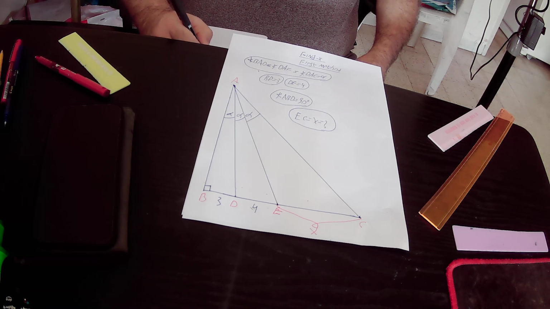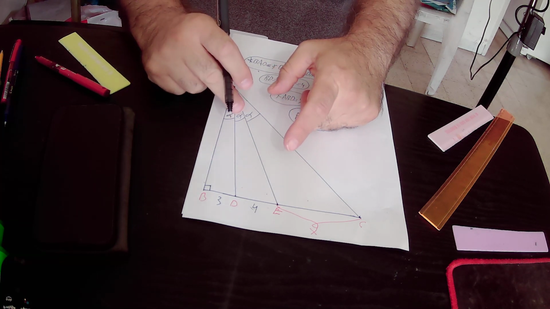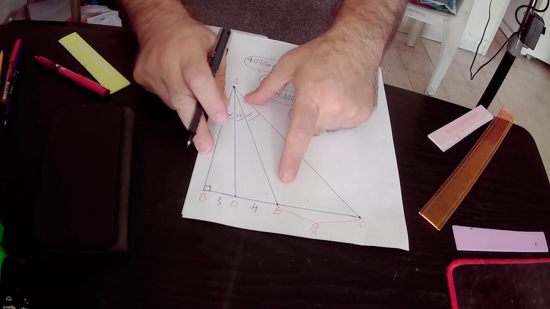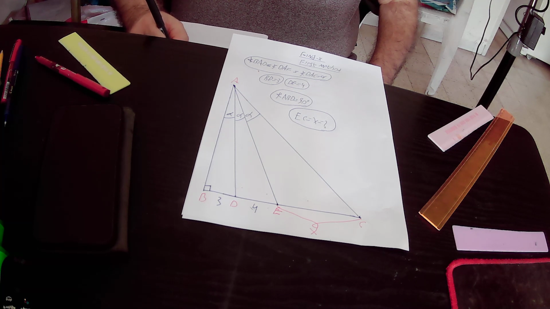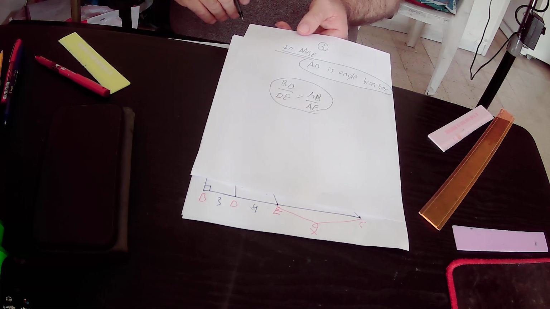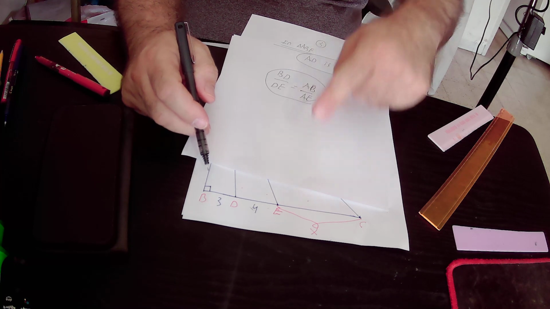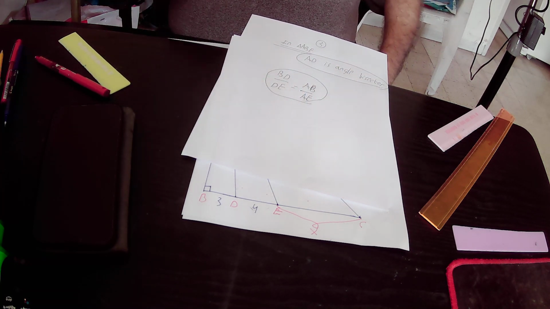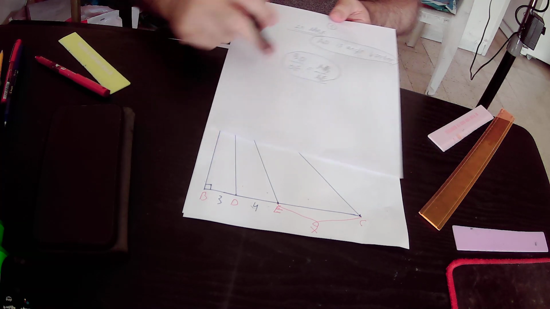And that ratio equals the ratio between the angle legs, which is AB over AE.